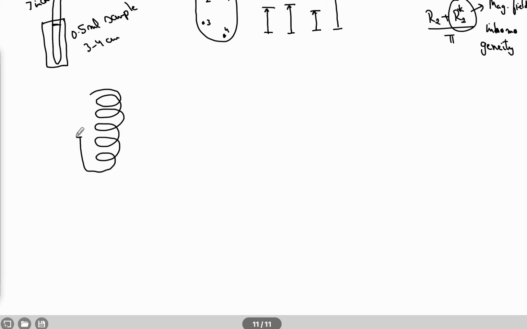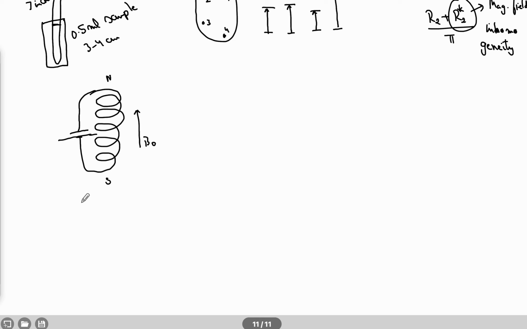Okay, so let's say you supply current in the coil via a battery or electric source. Let me draw this opposite so that I can have north up and south down. So this is the direction of B0.